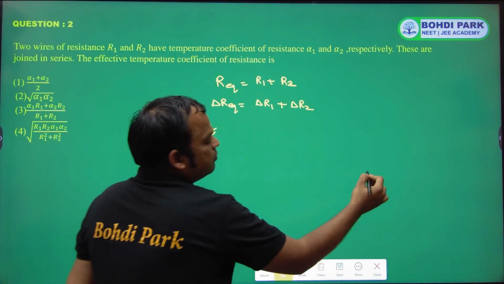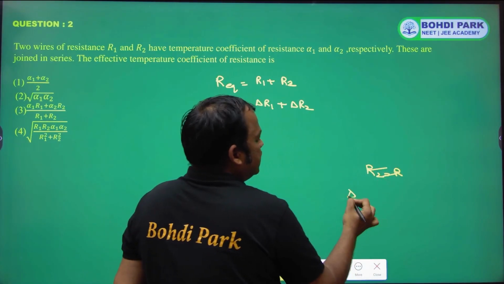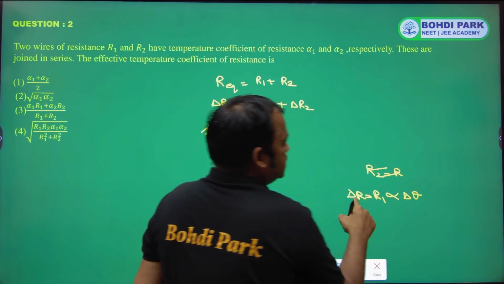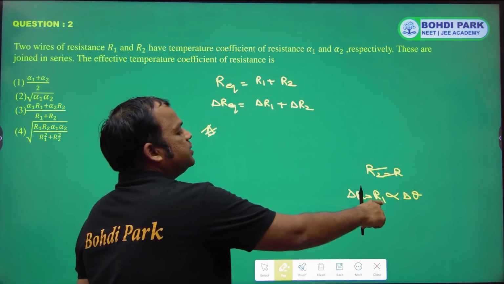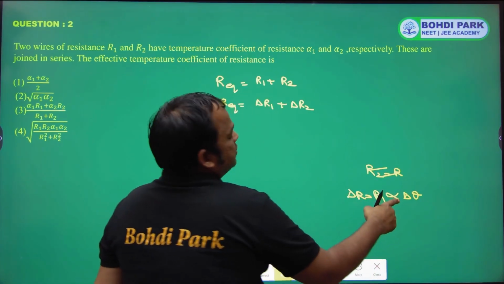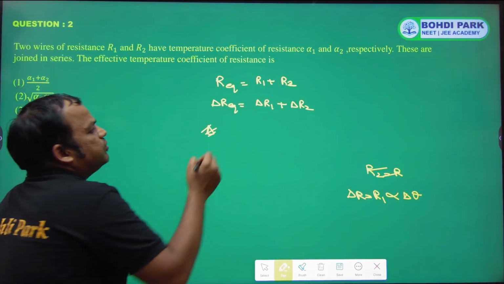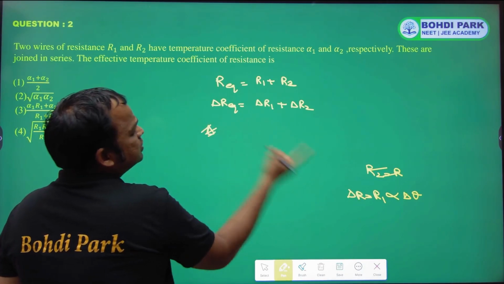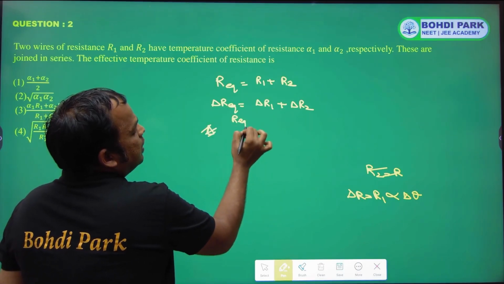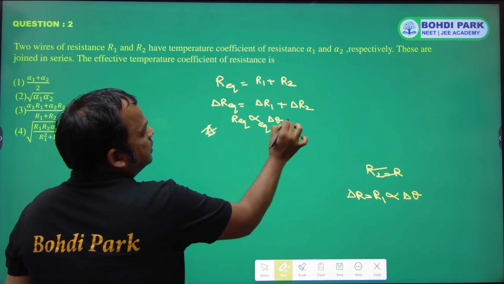Now use this formula: delta R is equal to R1 into alpha into delta theta. Change in resistance is equal to initial resistance into temperature coefficient of resistance into the rise in temperature or change in temperature. So the same formula will apply here. So delta R equivalent can be written as R equivalent into alpha equivalent into delta theta.